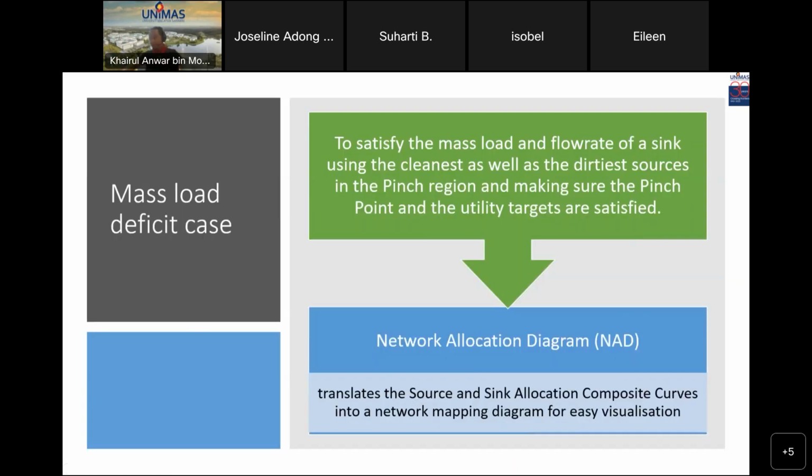Okay. Mass load deficit case. The mass load deficit case was proposed by Wan Alwi and Manan from UTM.